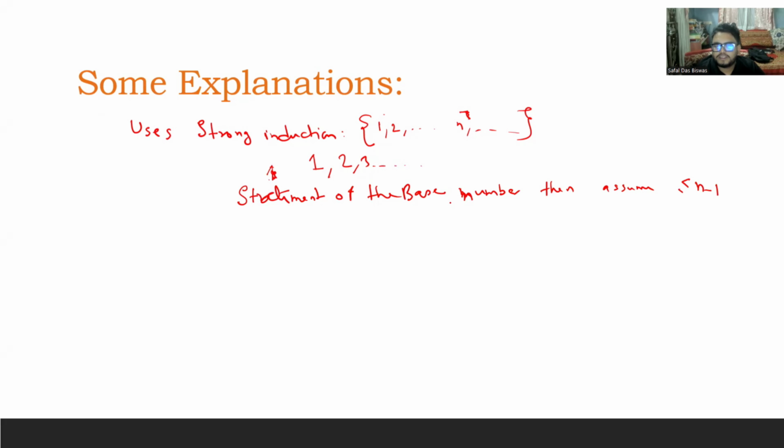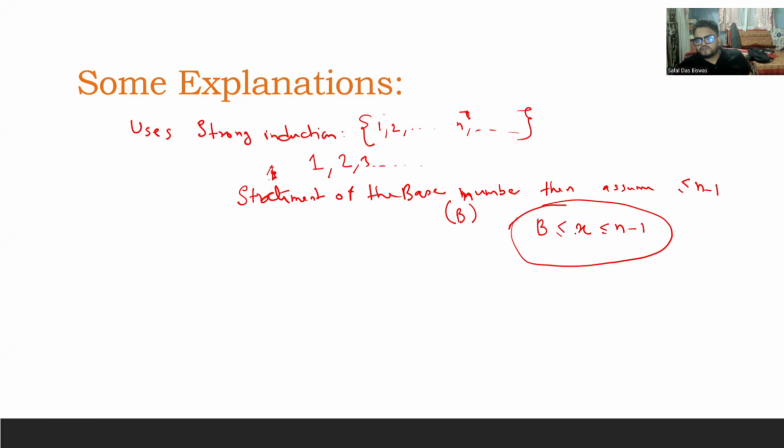Suppose the base number is b, then we assume it is true for all x less than or equal to n minus 1, where x belongs to the naturals, and we try to prove the statement for n. This is the idea of strong induction.